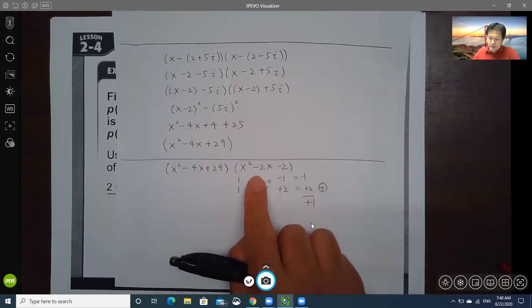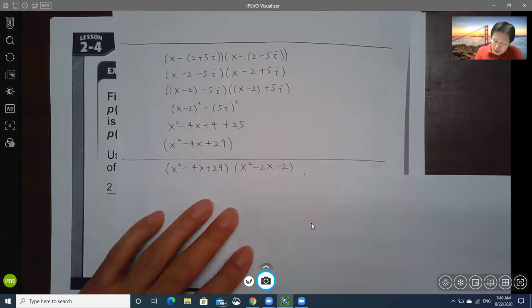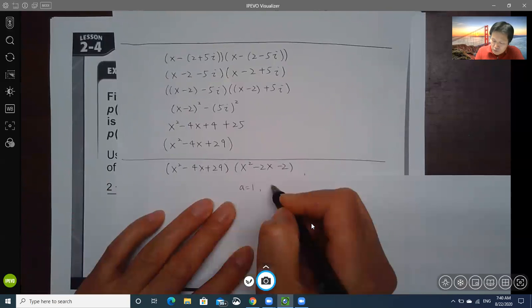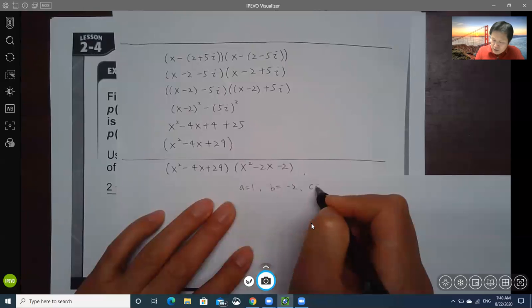to solve for x. So you get a equal to 1, b equal to minus 2, c equal to minus 2.